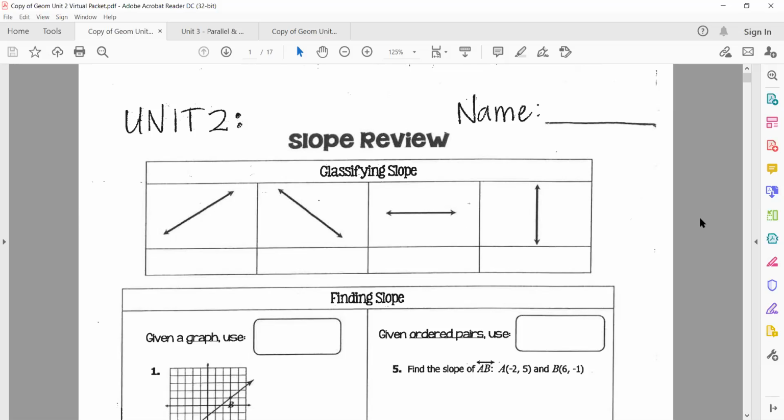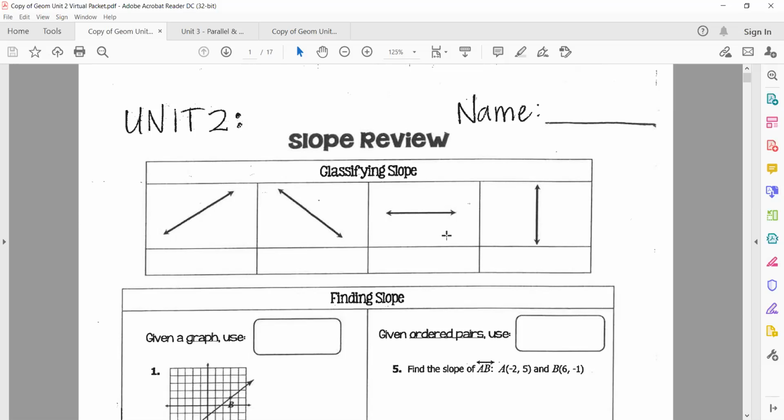From algebra, there's only 4 different types of slope, and that's what those 4 graphics at the top are about. Anybody remember any of them? Well, this first one is positive slope. Second one is negative. The third one, the horizontal one, is 0 because it's a flat line.